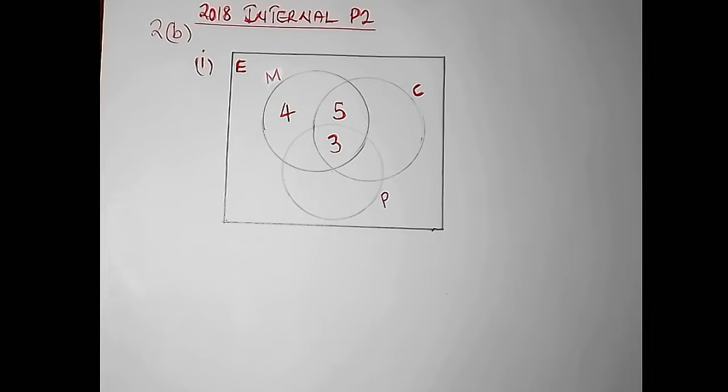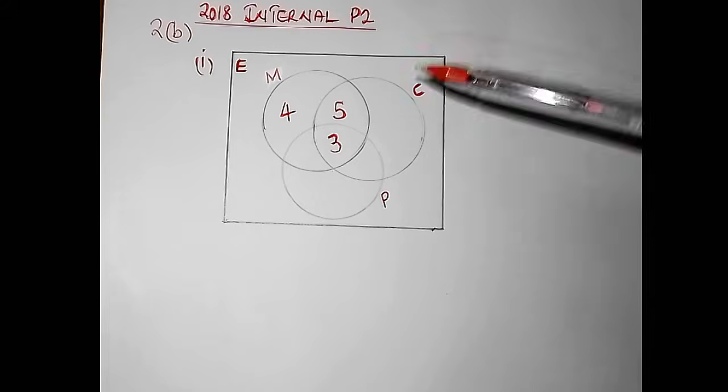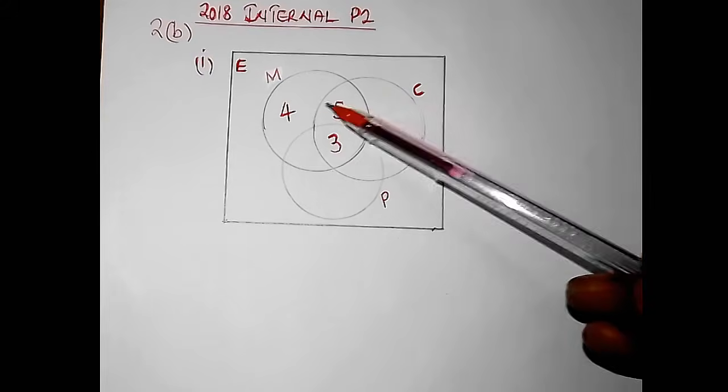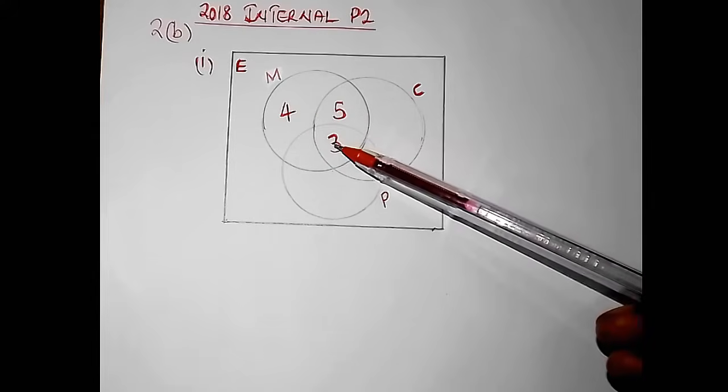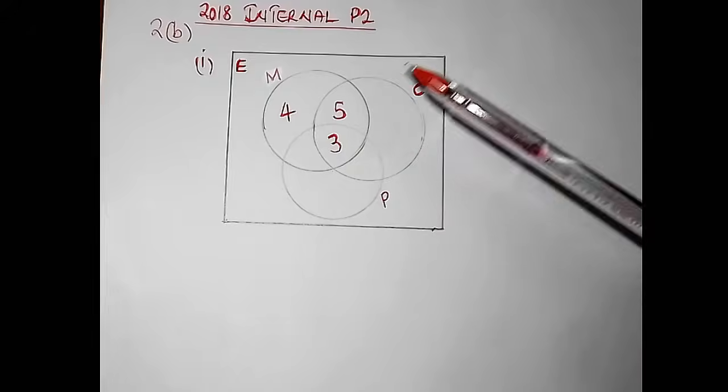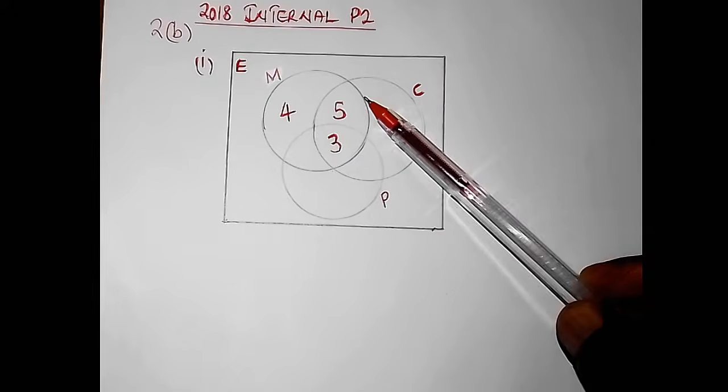So what we now just have to do is take note of the last number that was given, which is 14 students study mathematics. So 14 students study mathematics. Already there are some numbers here. We've got 4, 5, and 3, and they've said 14 students study mathematics.